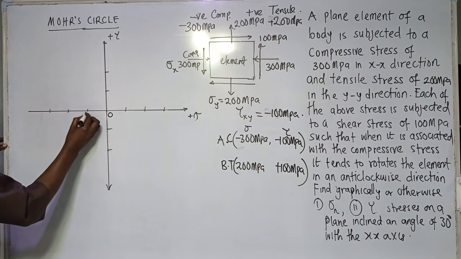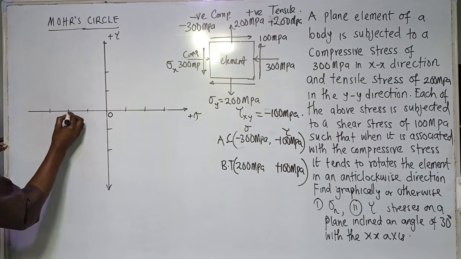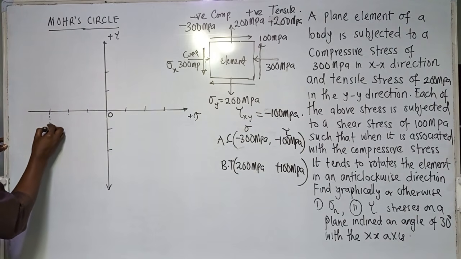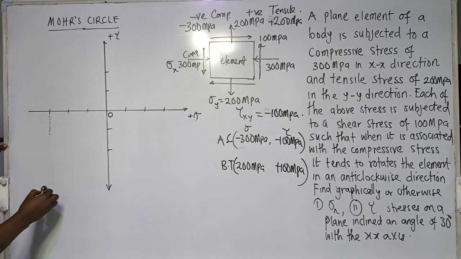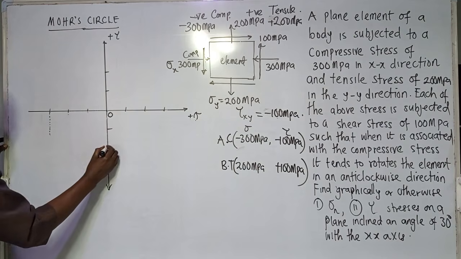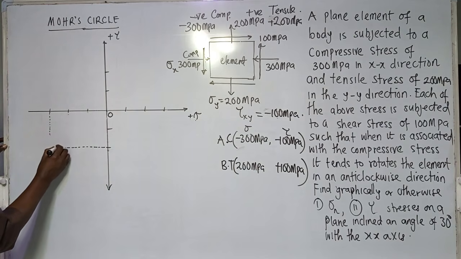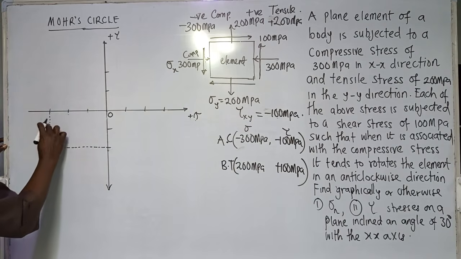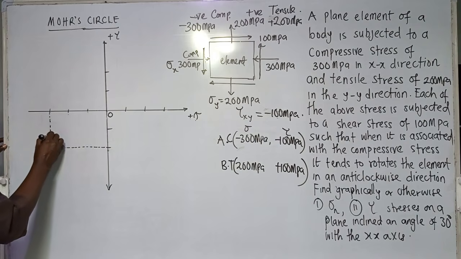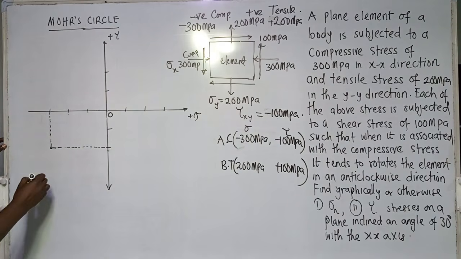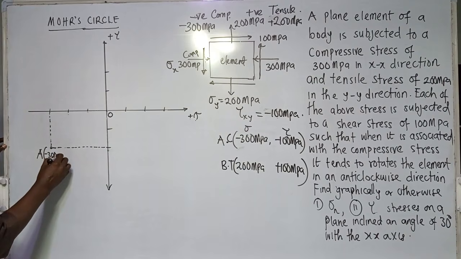Let's take this as 100, minus 200, minus 300. Then let's take this as our 100. So this is the point A, which is minus 300, comma minus 100.